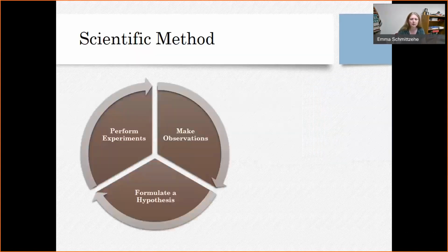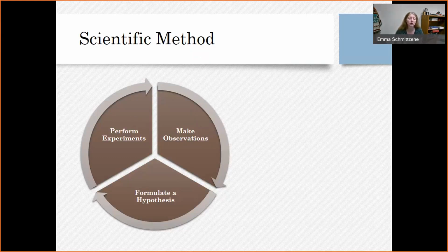So first, the scientific method. The scientific method is an approach we use to try to study what's happening with matter. Okay, so generally, if we're really doing the true scientific method, it starts with observing some phenomena.